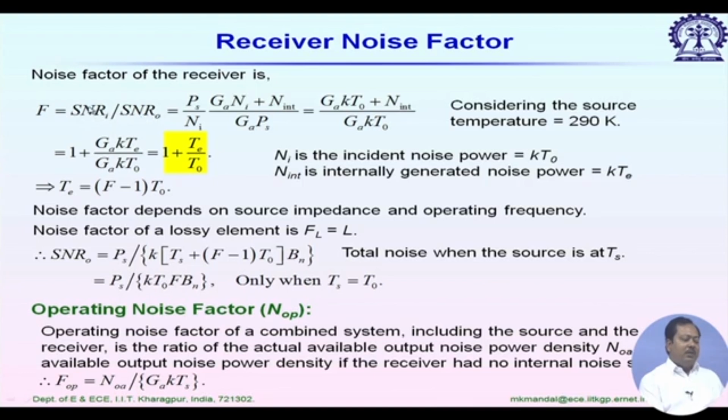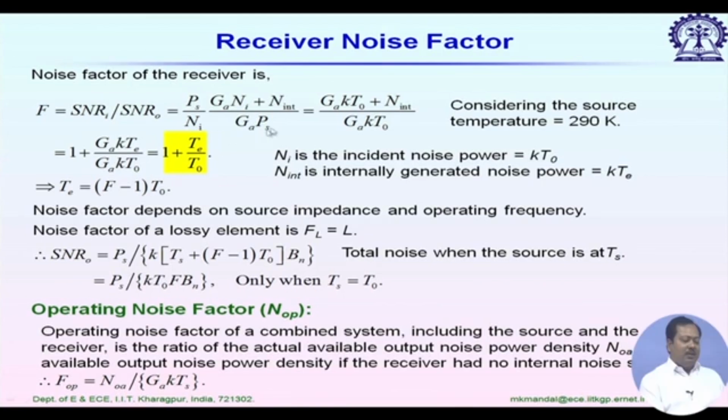Obviously, SNR is better at the input compared to the output. Why? Because at the output side we have additional noise generated by the component itself. That is why F is always greater than 1. If we express it in dB, we call it noise figure, and that is always a positive quantity.